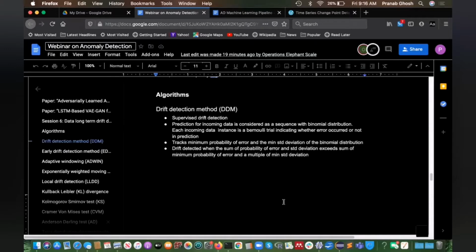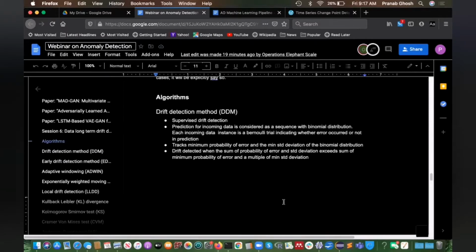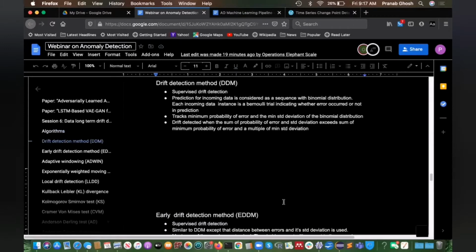So it's basically binomial data. What's done in this algorithm is that they calculate the probability of the error rate, and then they calculate the standard deviation, and they also keep track of the minimum probability of error rate and the standard deviation, and then based on some threshold, it detects whether drift has occurred or not. Later on, when we do the demo, we'll see a Python implementation of this.